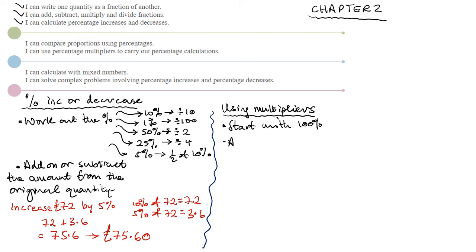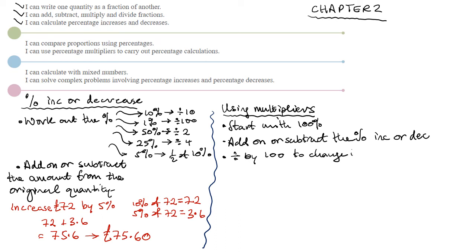Next thing that we do is add on or subtract the percentage increase or decrease, and then you'll have a number either above 100% or below 100%. Next step, divide by 100 to change into the multiplier. So we'll get some sort of decimal number, 1 point something or 0 point something, and that becomes a number we call the multiplier.